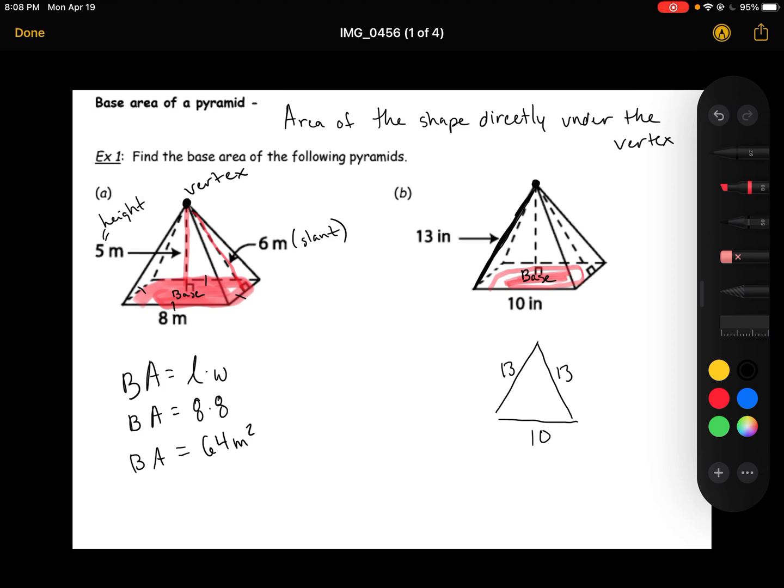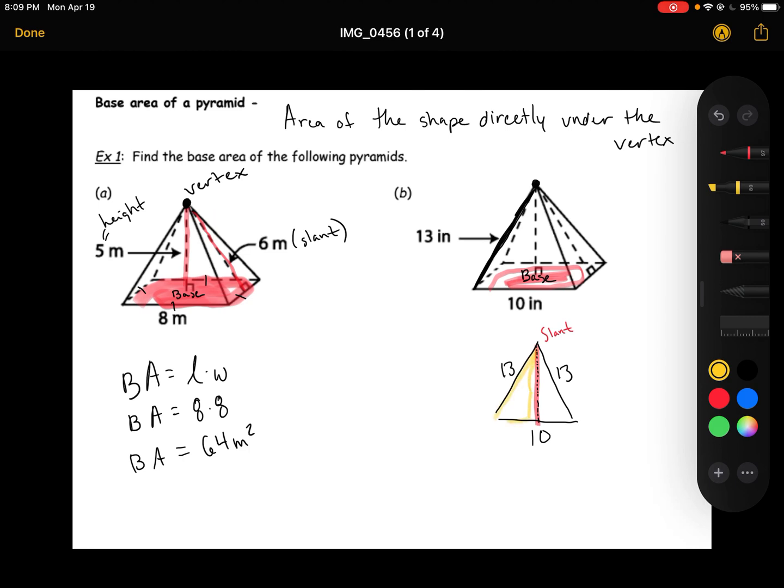So if we're looking at this in terms of the triangle that is the front of our shape here, we're told that 10 is the bottom, and we have sides of 13. So we actually don't know what our slant is. So in red here, we'll see our slants.